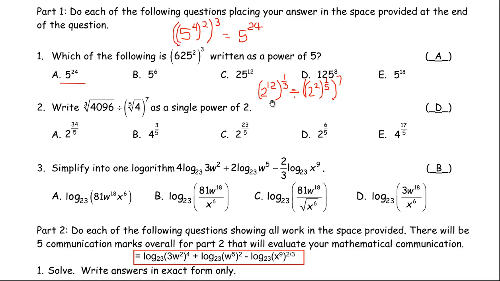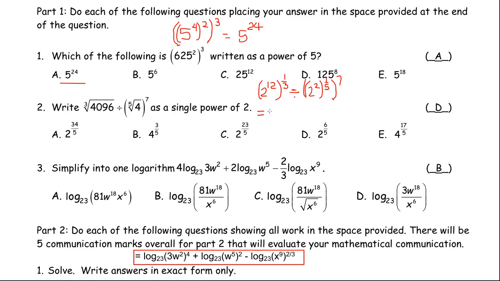So 4096 is 2 to the 12th, and the cube root means the power of a third. And then we're dividing this, again writing it as a power of 2. So 4 is 2 squared. The 5th root means the power of 1/5, and then everything's raised to the power of 7. 12 times a third, or 12 divided by 3, is 4.